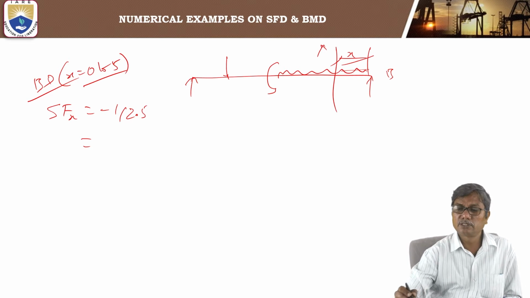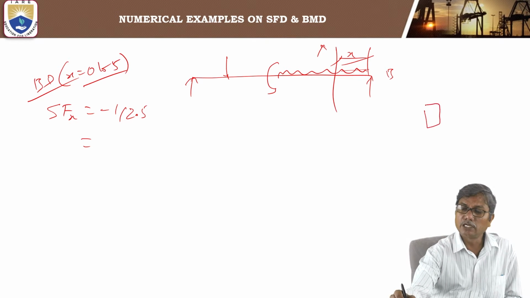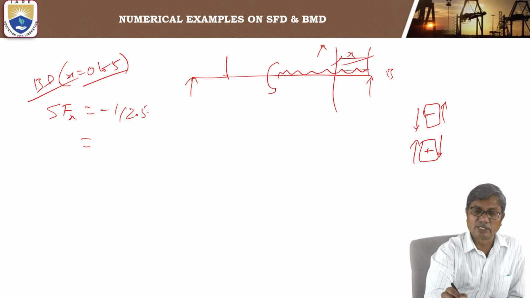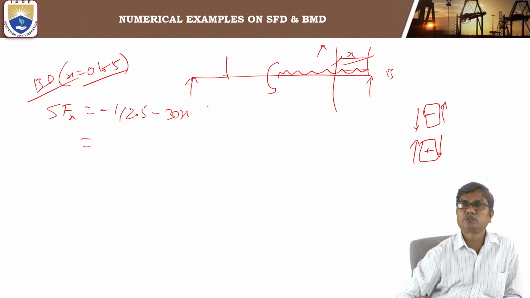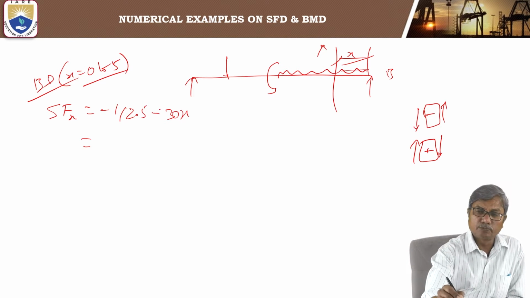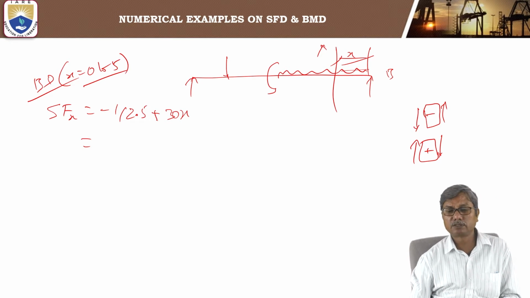As per our convention, left down and right up are negative, and left up and right down are positive. Here the force is upwards and acting on the right side, so it is negative, minus the total UDL for a length of x. This is positive, as right side downwards is positive.